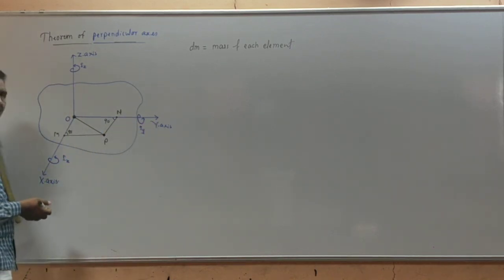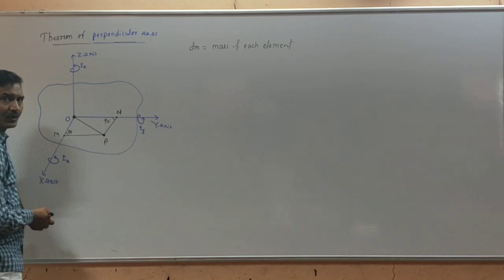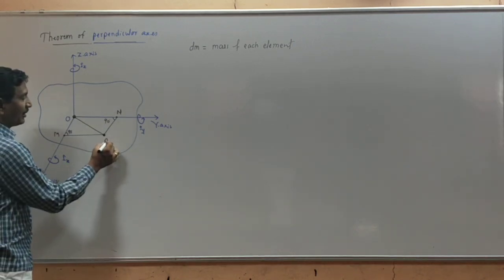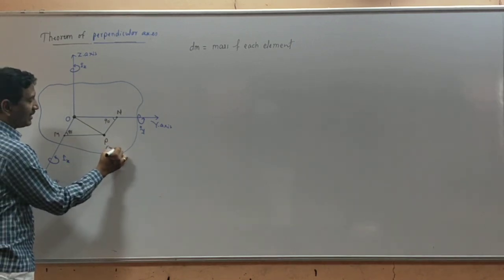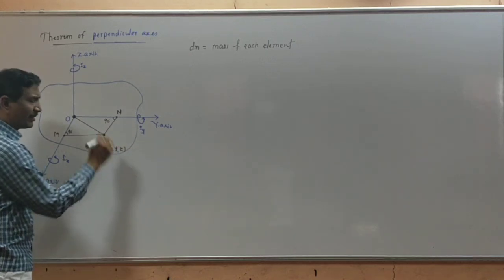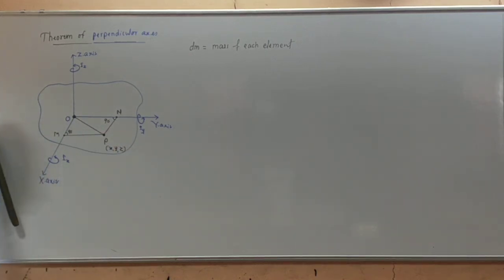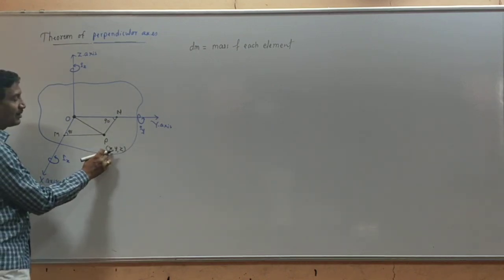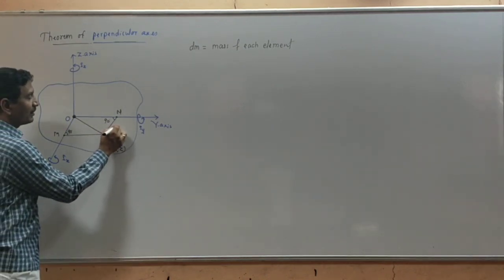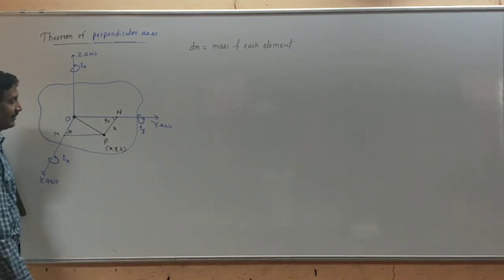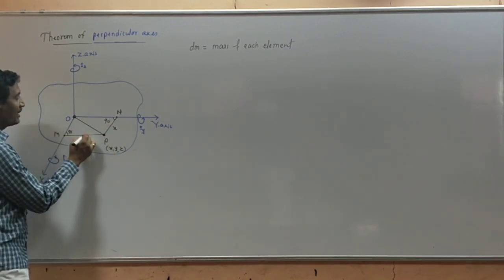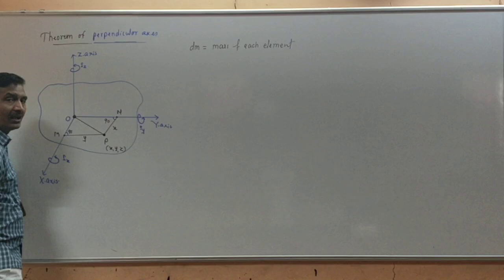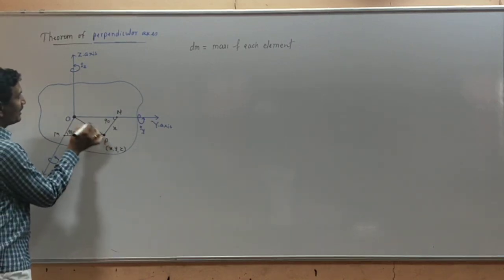For our convenience we use symbols for the coordinates. The coordinates of the point P are x, y and z. It is a three-dimensional case. The x coordinate of the point is the distance of the point from the y-axis. The y coordinate means the distance of the point from the x-axis, and OP is equal to z.